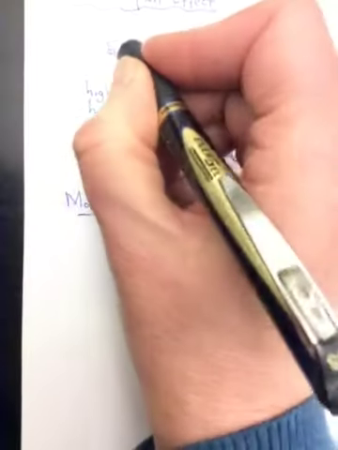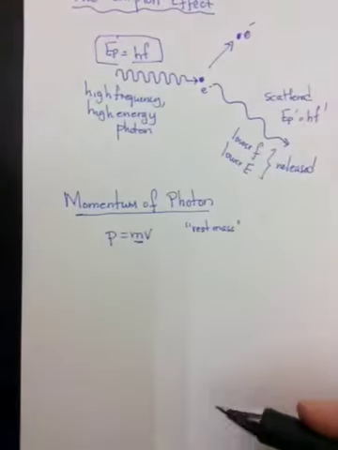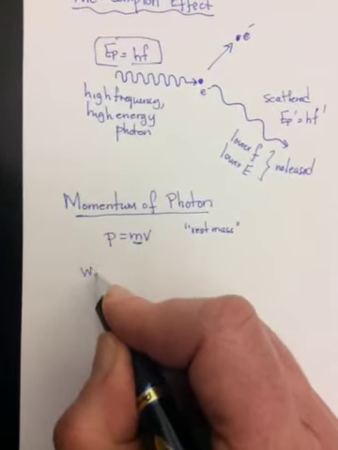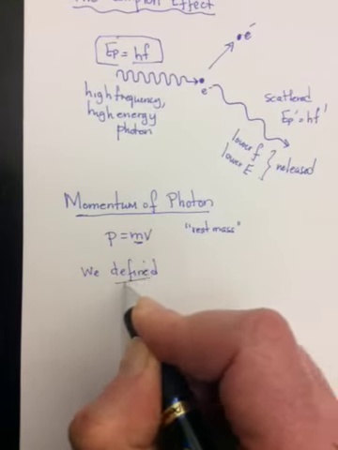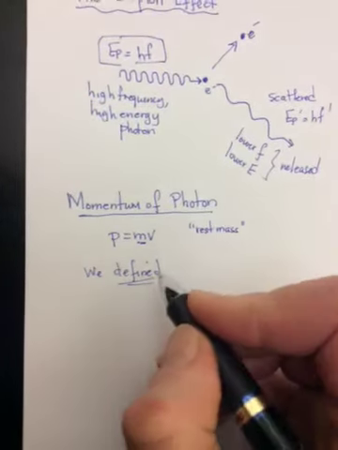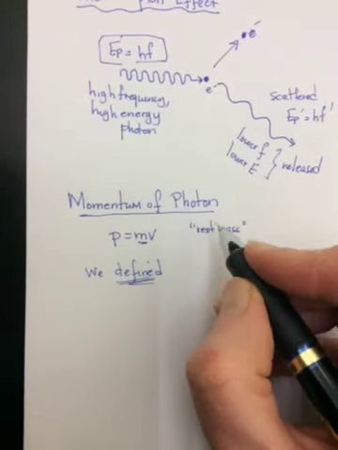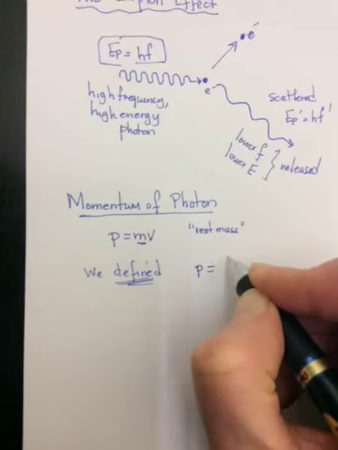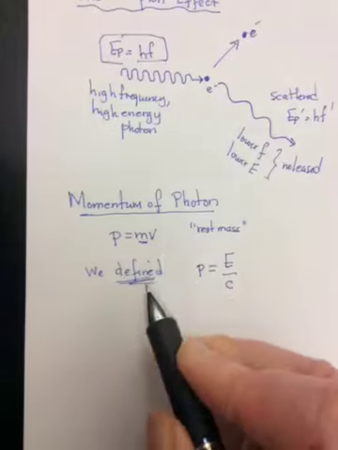So we know our equation for energy is E_p equals hf. So what happens then is we define the momentum of a photon. We defined it, we didn't figure it out. We set it based on all the experiments. So we set the momentum of a photon, p, to equal the energy divided by the speed of light.